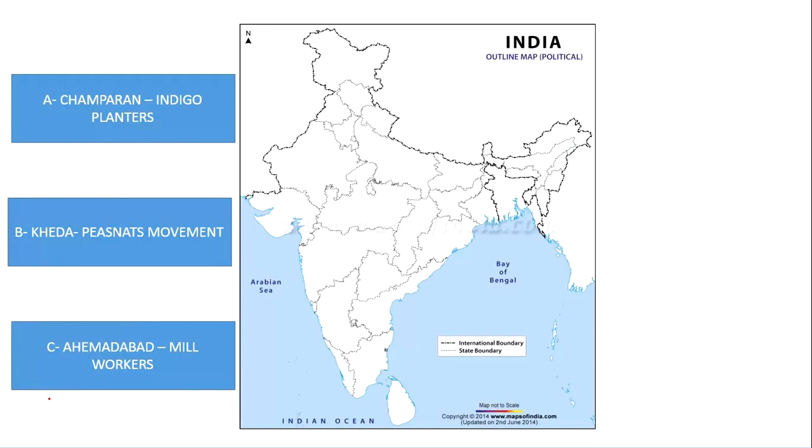These three places are very important: Champaran, Kheda, and Ahmedabad, because it was in these three places Gandhiji actually experimented the idea called Satyagraha.